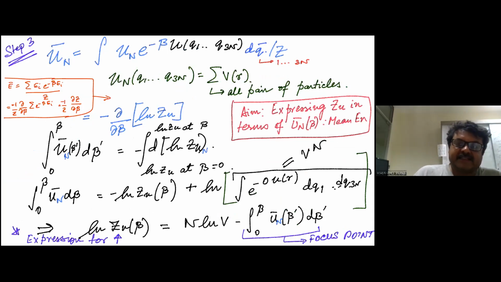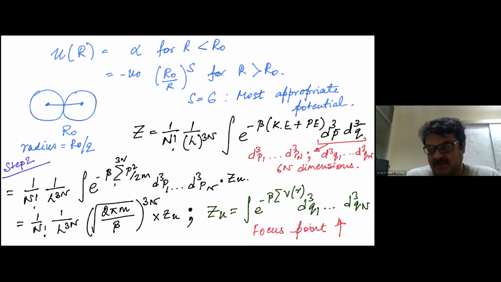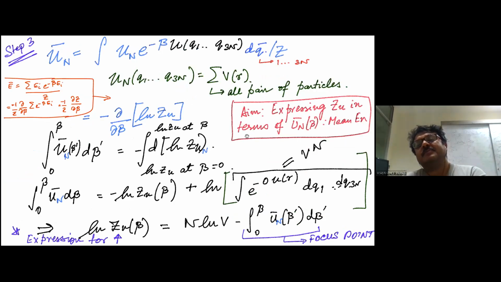So the next step is to calculate ZU, and considering every pair of particles is going to be difficult because one could be interacting with 2, which could also be interacting with 3, and so forth. So the first aim is to express ZU in terms of the mean energy of the system.